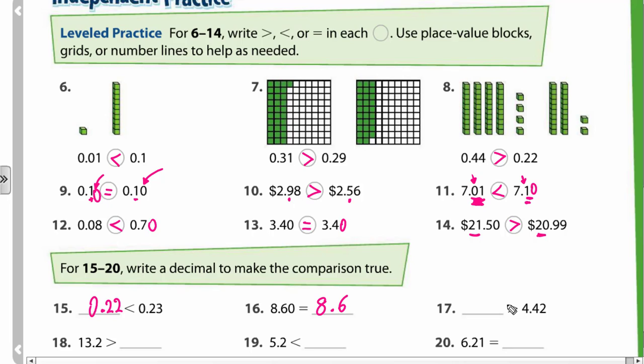Please say it again. Abdurrahman, go ahead. I didn't hear. You should give me the answer. I'm asking you for any decimal greater than 4.42.